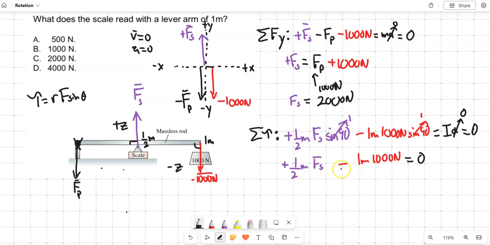So this is going to work out to be, I'm going to write this as 0.5 meters F sub S, and this is going to be 1,000 Newton meters, and this is going to be equal to 0.